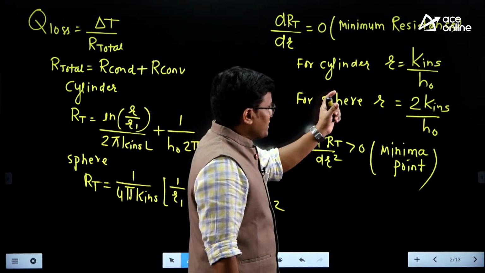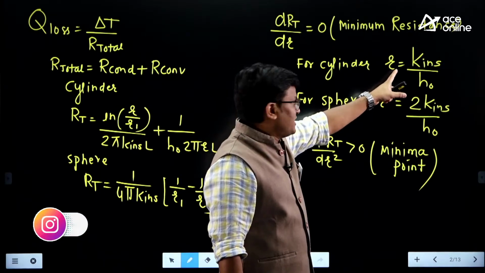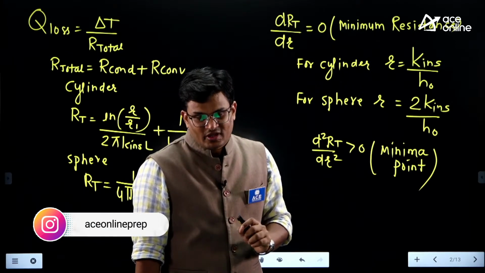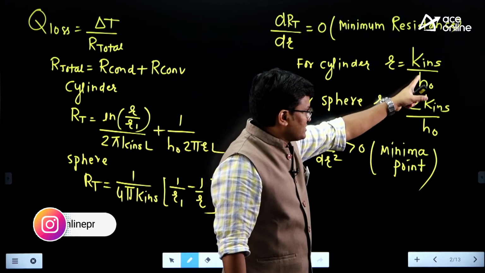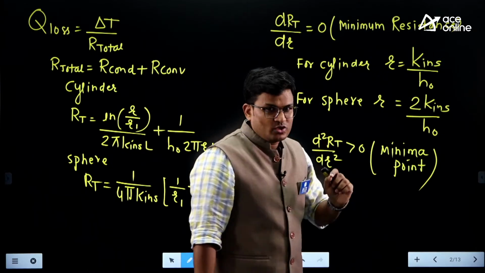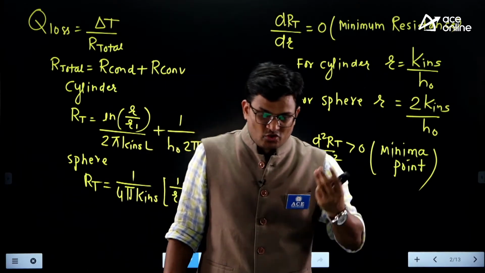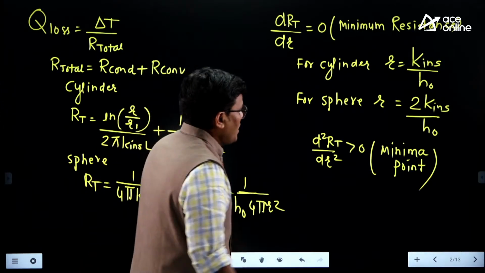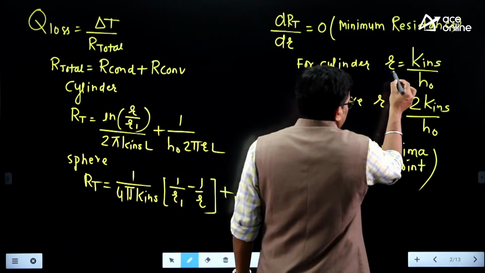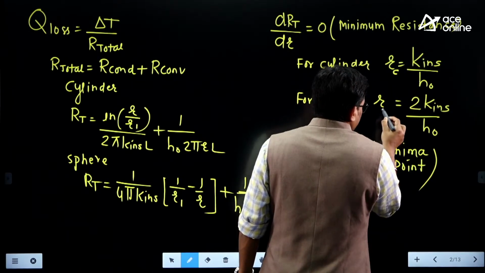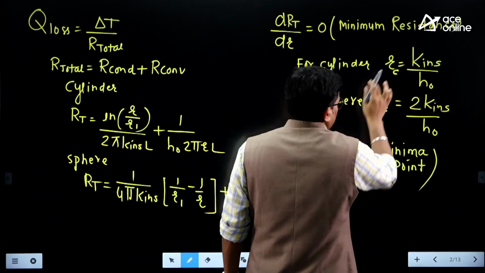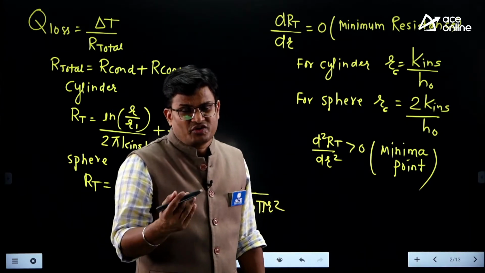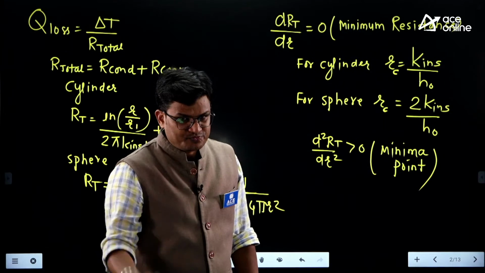So please listen, what does this mean? It means at this radius the total resistance is minimum, or you can say heat loss is maximum. So resistance is minimum means heat loss is maximum. To avoid confusion, we will designate it as RC, so that it reminds us that this radius we got by equating slope equal to 0.